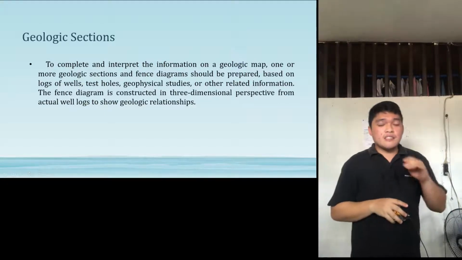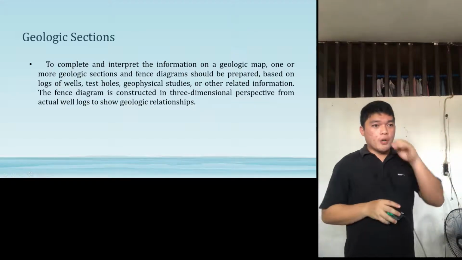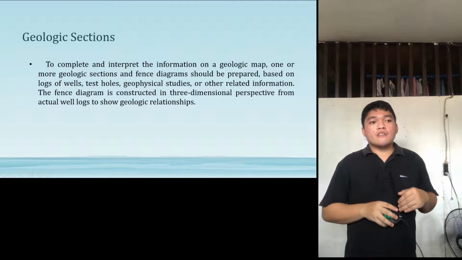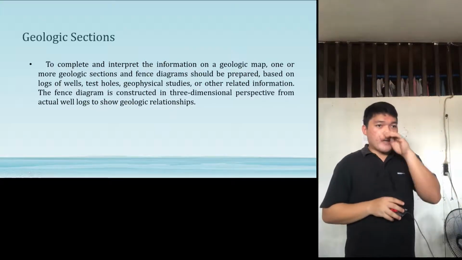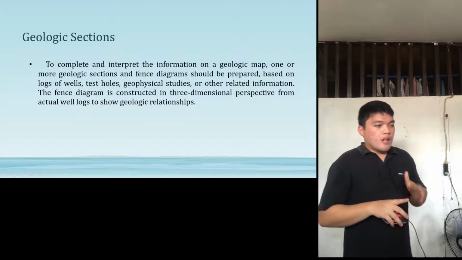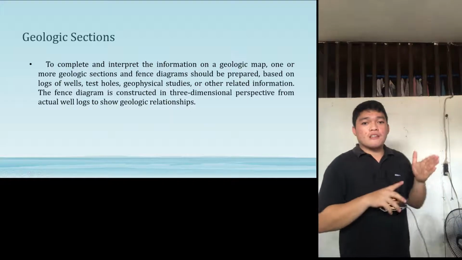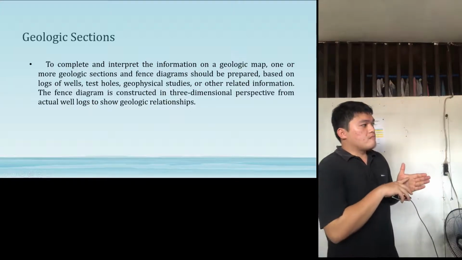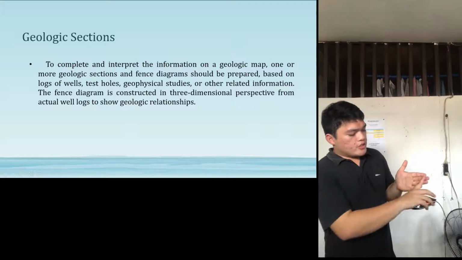That is a geologic section. So section by section by section. And a fence diagram should also be prepared. A fence diagram is like geologic sections that are designed like a fence. So this is our 2D geologic section.